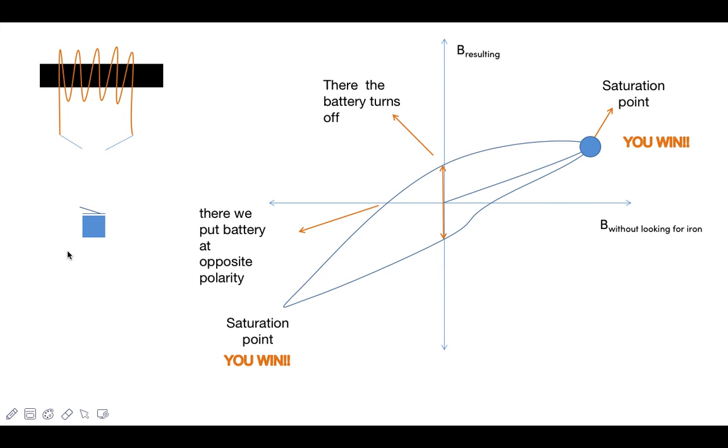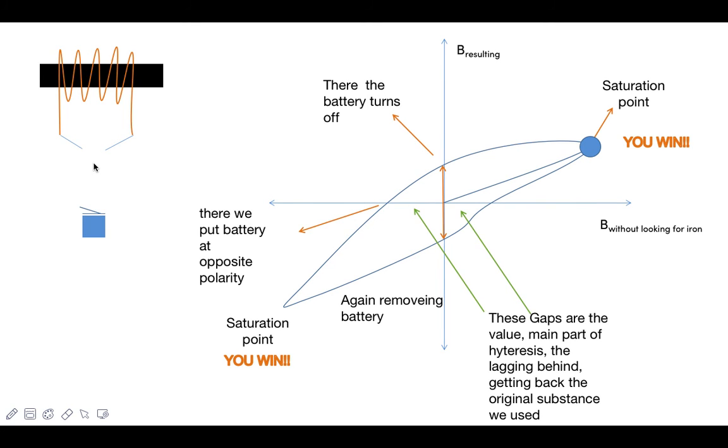And when you put the battery in the opposite direction, or opposite polarity, the point will reach way down here, at the totally opposite side, the saturation point in the opposite direction. Like you had the north pole over here and the south pole over here, now you will get the opposite result, south pole over here and north pole over there.